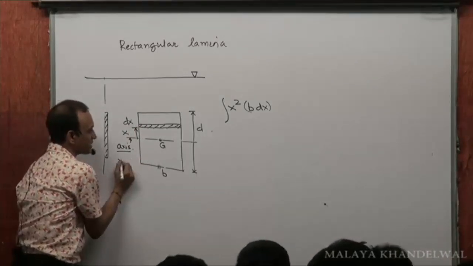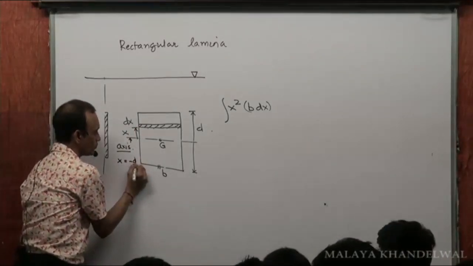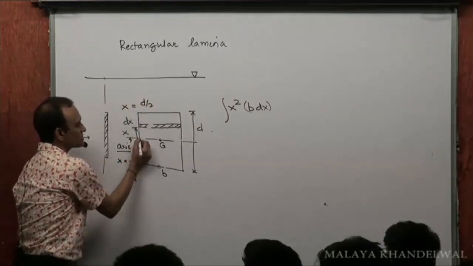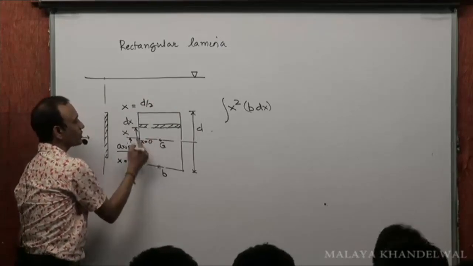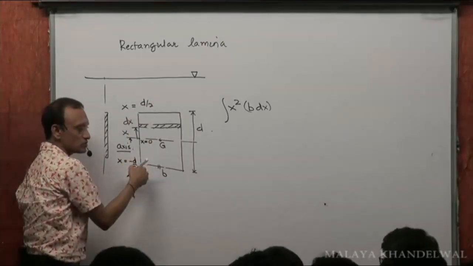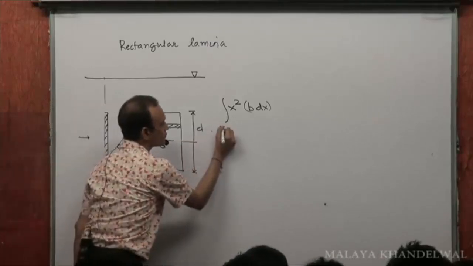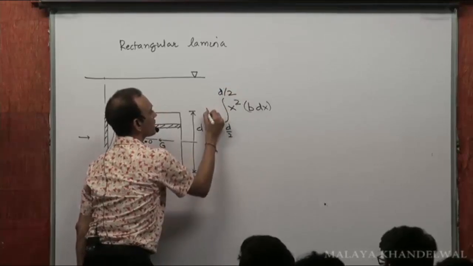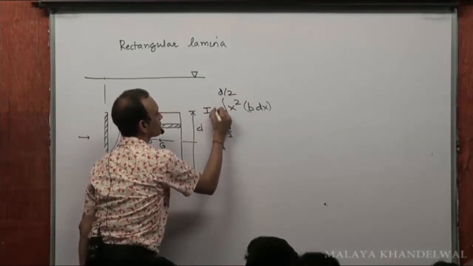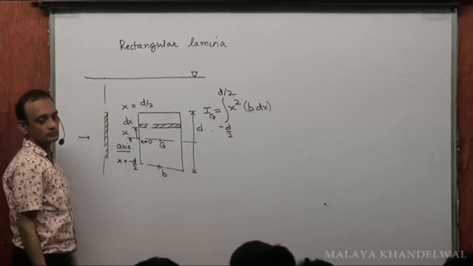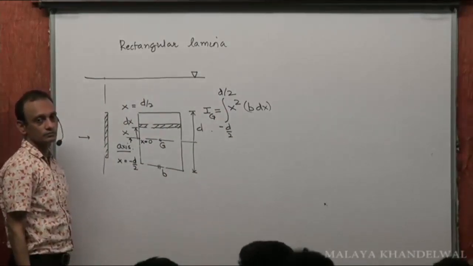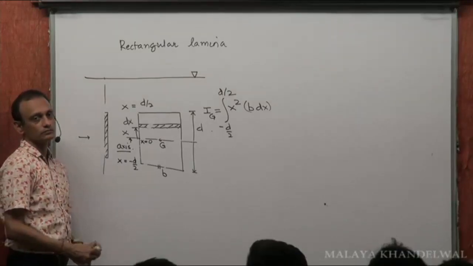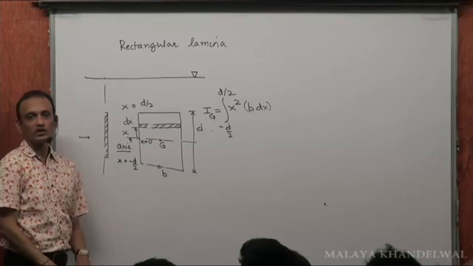This point would be x equal to minus d by 2 and this will be x equal to plus d by 2. This is x equal to 0. So the limits would be minus d by 2 to d by 2, and that is I about G. Yes or no?